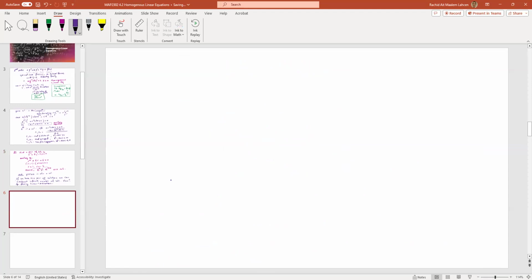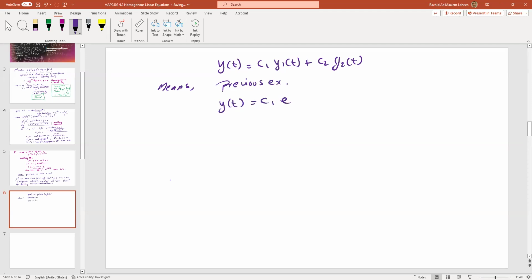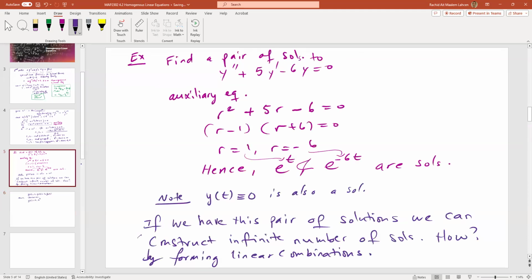So the idea is this: c1 y1 plus c2 y2, which means for the previous example, I can construct something like this.